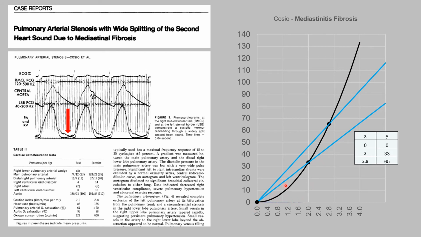And if you go by one line, you would calculate the PVR here, and this inclination, this steepness, is going to be less than here, meaning that you have the impression that PVR has increased, because you are not considering that the main component that is increasing the resistance is not at the microcirculation, but it is because the kinetic energy of the flow has increased.